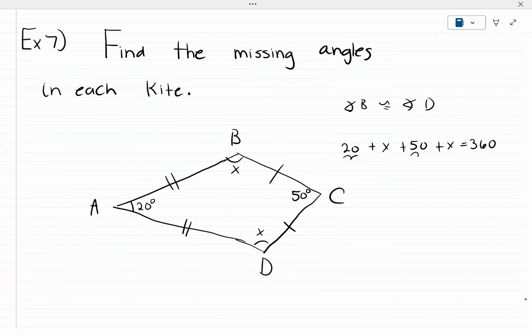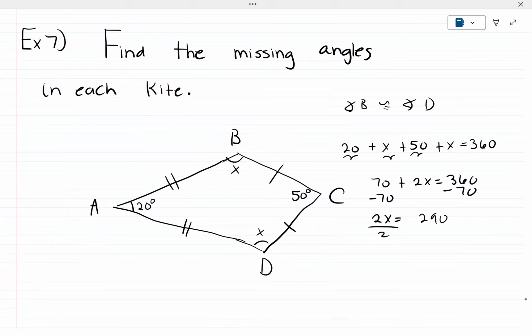So 20 plus 50 is 70. 1x plus 1x is 2x. Subtract 70 from both sides, and 2x equals 360 minus 70, which is 290.